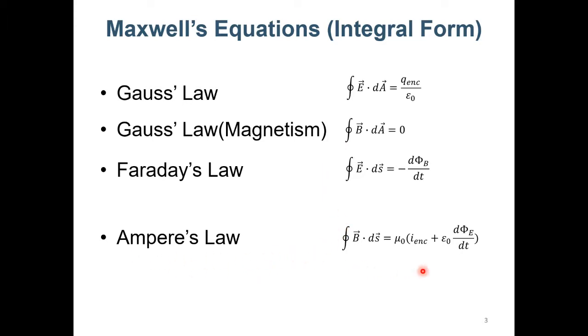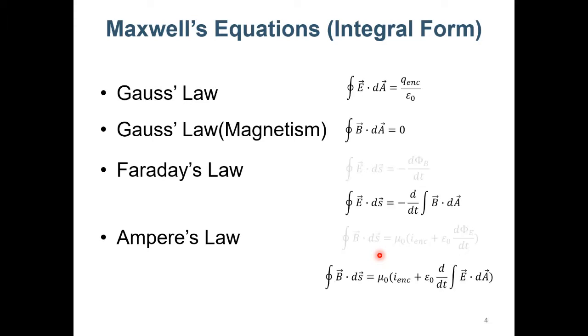Likewise, Ampere's law says that if you have a current or a changing E field over an area, or both of them, then it will generate the magnetic B field. This is more or less implied in the integral form of the Maxwell equation.